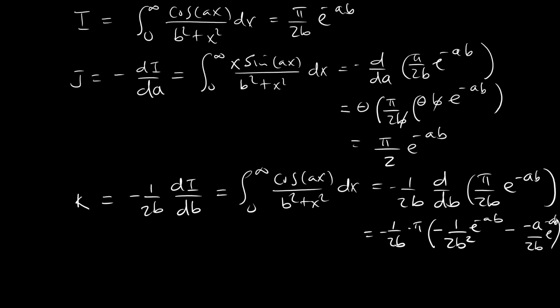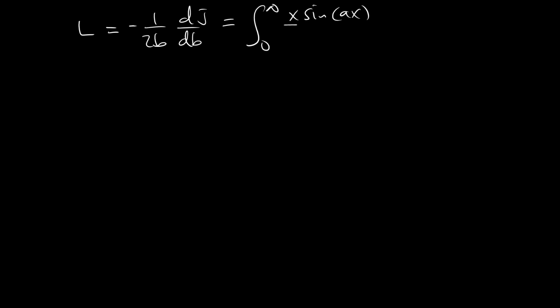Okay, so we can multiply this across. We have the common denominator as 4b cubed over, we have this plus rather, and so this negative and this negative and this negative interact, so we have 1 plus ab, we have pi e to the negative ab there. So that is our K.